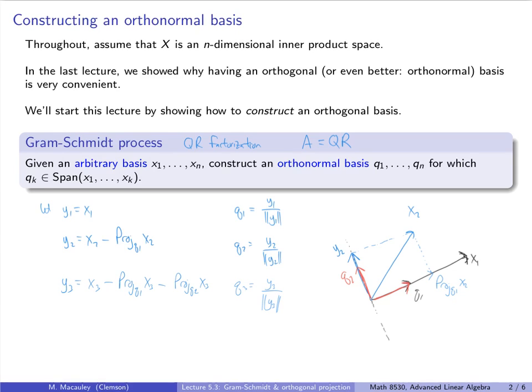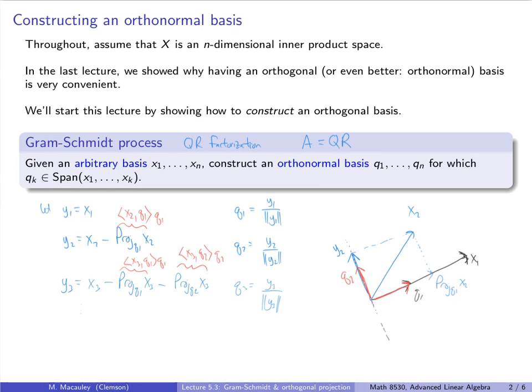Just a reminder, the formula for this projection: this thing here is the inner product of x2 and q1. This is the magnitude of x2 in the q1 direction, and this is times the vector itself. Similarly, this thing here is x3 dot q1 times q1, and this is the inner product of x3 and q2 times q2.